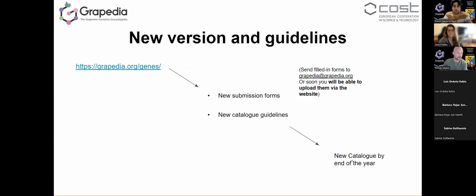At the moment, we are receiving the forms by email, but we'll also open the possibility to upload them on the website. The main idea is to end up with a catalog before the end of this year, where all the recent submissions are incorporated.